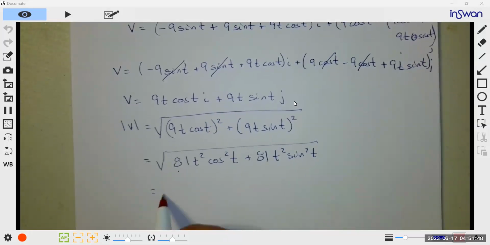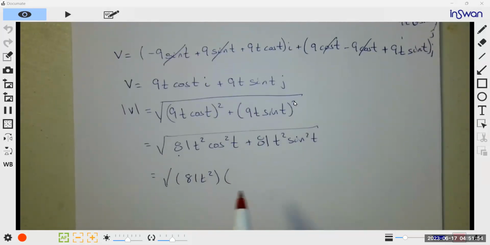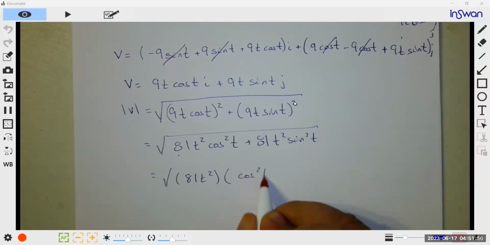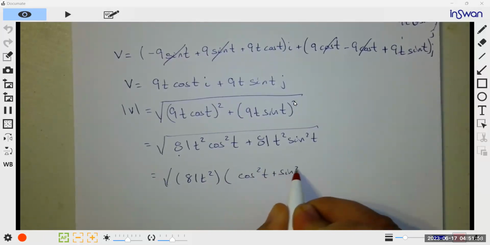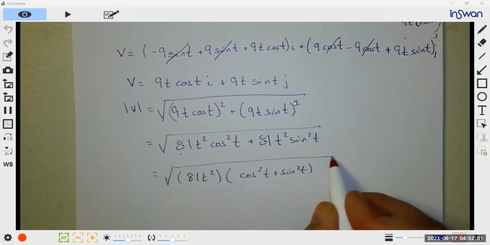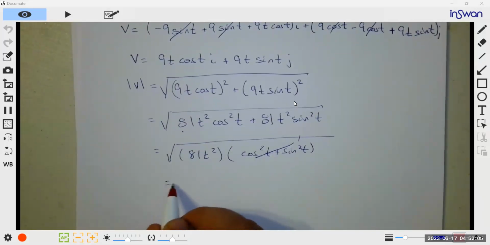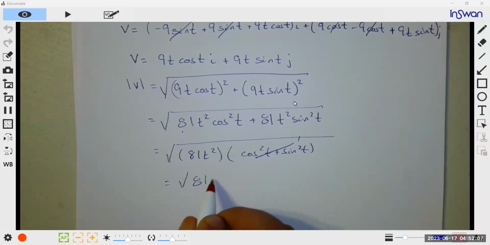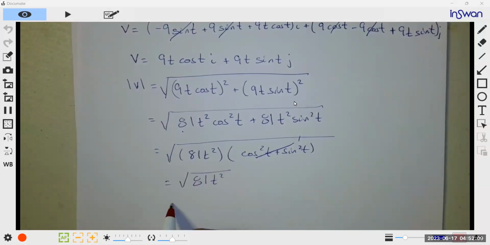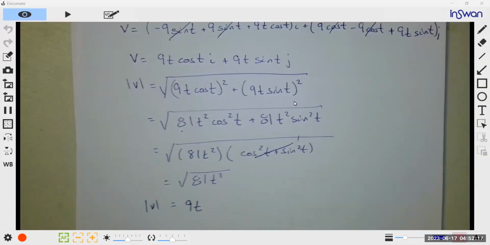They both have 81 t squared, so we can factor those out. So we have cosine squared t plus sine squared t, which equals 1. So the square root of 81 t squared, square root of 81 is 9, and t.